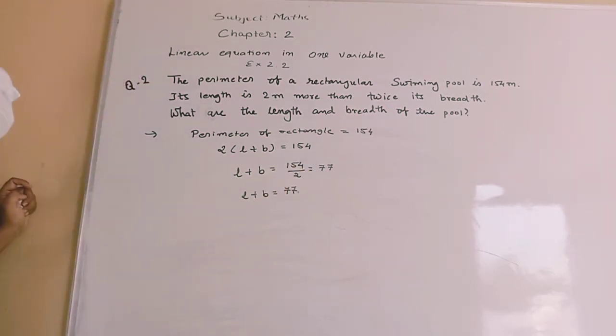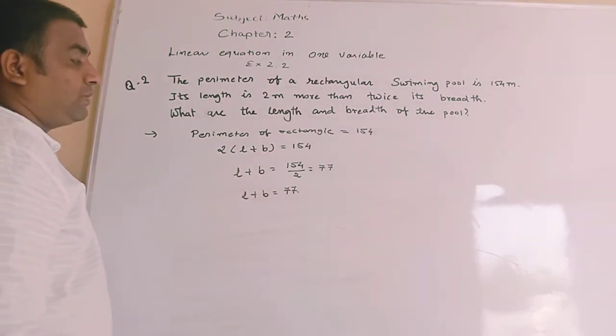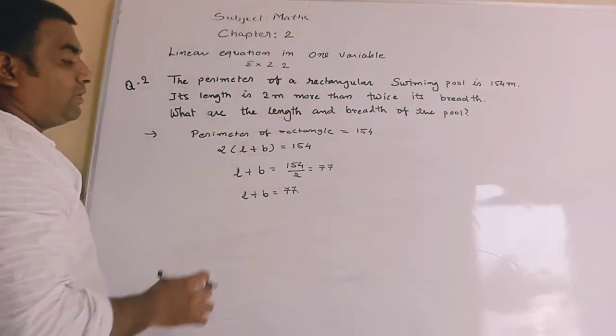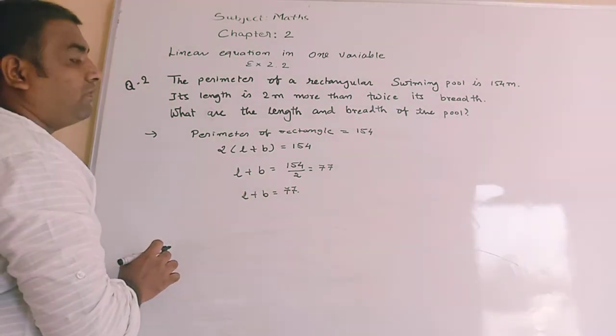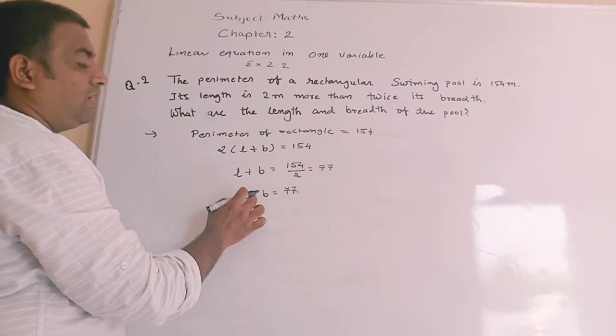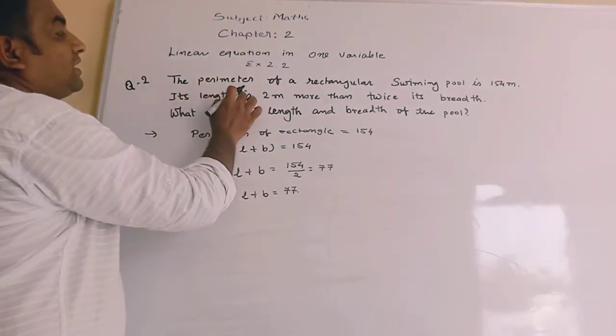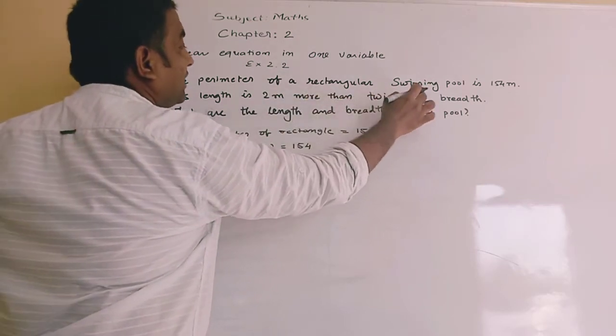Now here we are getting two variables L and B, two unknowns, but our chapter is about one variable. So we have to convert into one variable. So there must be a relation given in the question between L and B. That relation is given: its length is 2 meters more than twice its breadth.